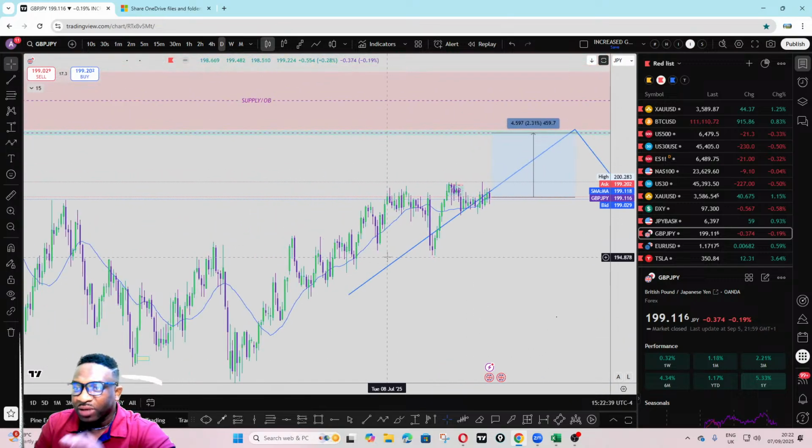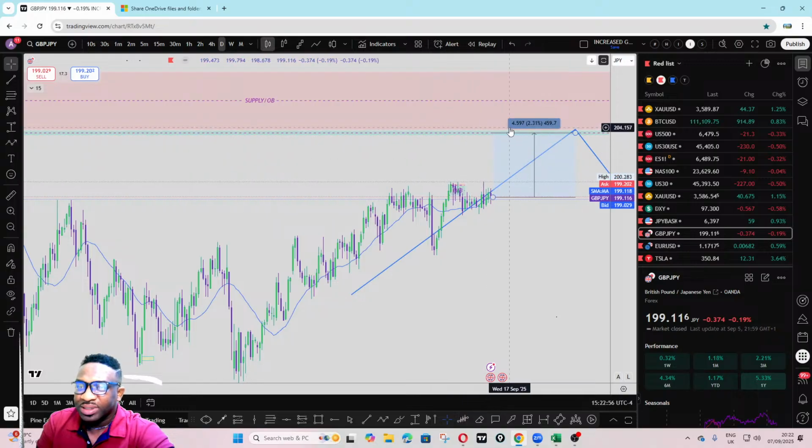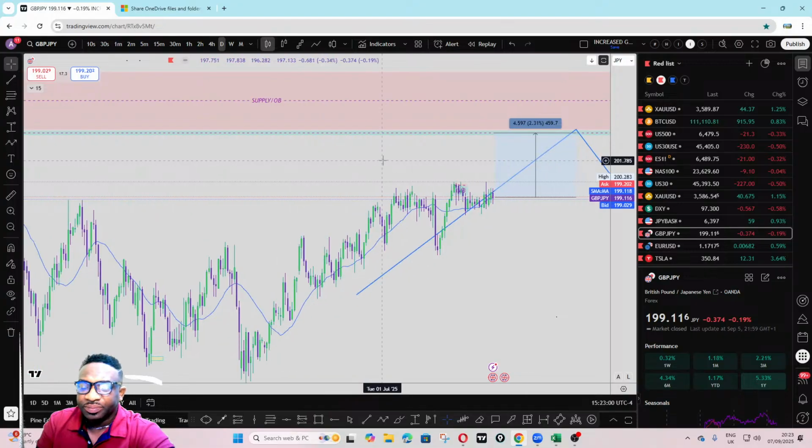we've already gotten the idea, the narrative on the higher time frame, the weekly. So the whole week, that is what could be happening. We could be targeting trades as price is pushed up to this high to fill out these imbalances.